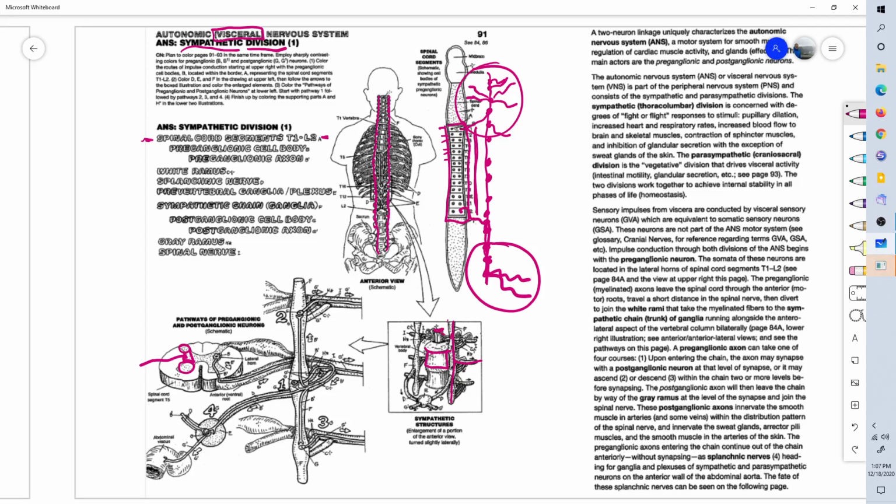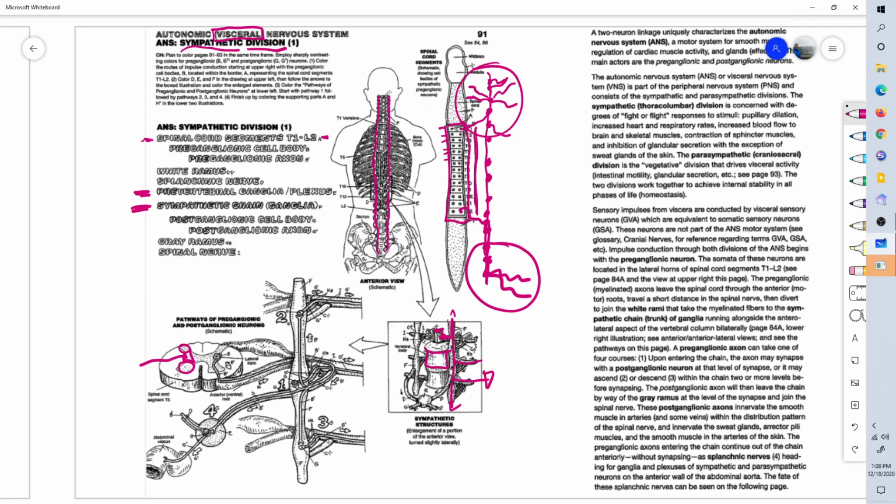And here's an example of the sympathetic fibers coming out of the lateral horn into the sympathetic chain, the ganglia, the prevertebral ganglia right here, and they go up and down and out to your organs and glands.